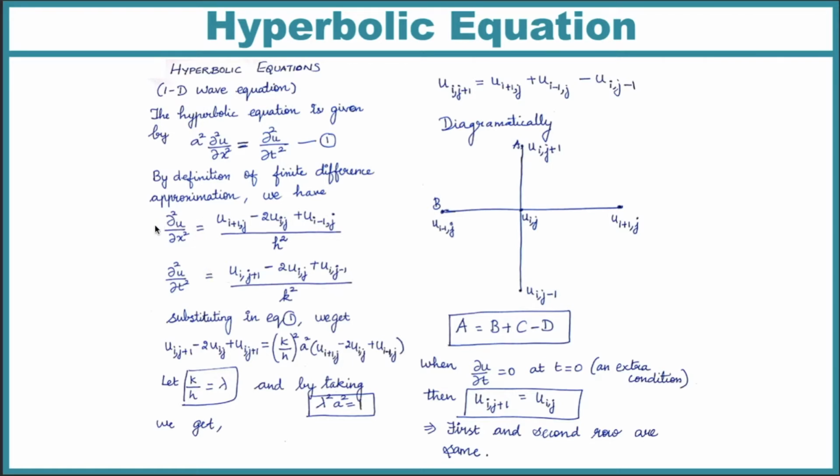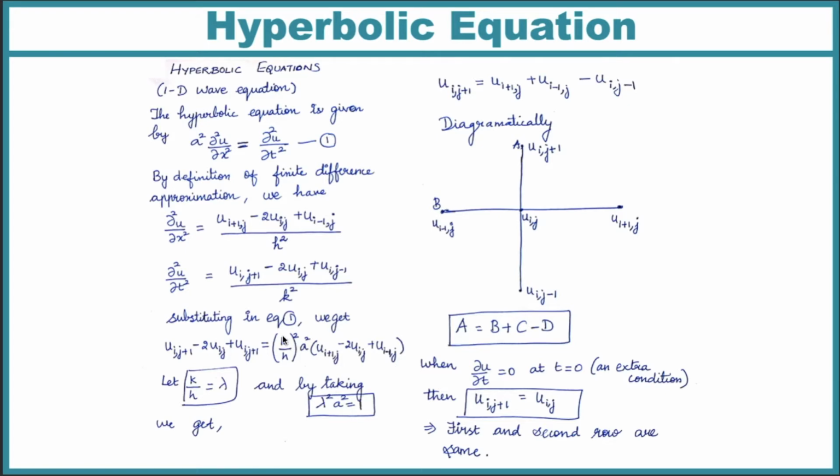So substituting ∂²u/∂x² and ∂²u/∂t² in equation 1, we get u(i,j+1) minus 2u(i,j) plus u(i,j-1) equal to (k by h) whole square a square times u(i+1,j) minus 2u(i,j) plus u(i-1,j).